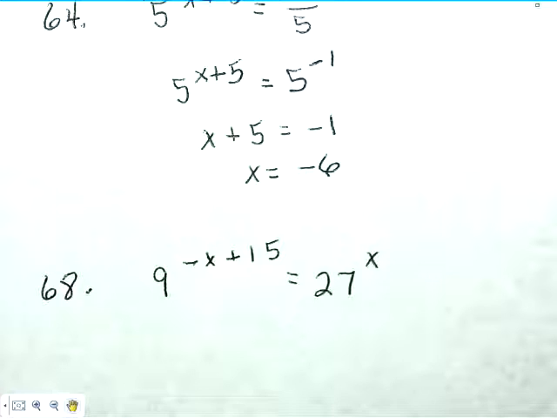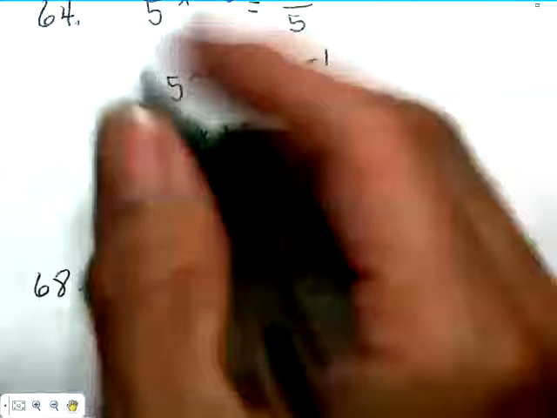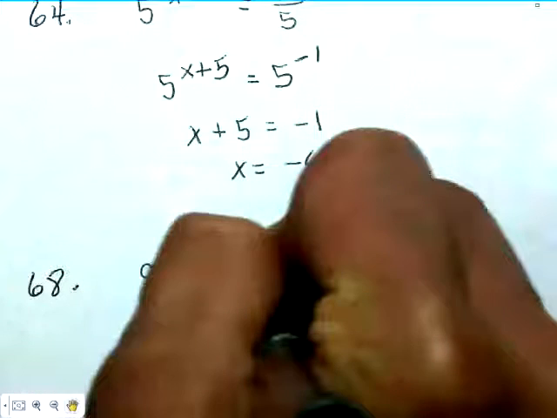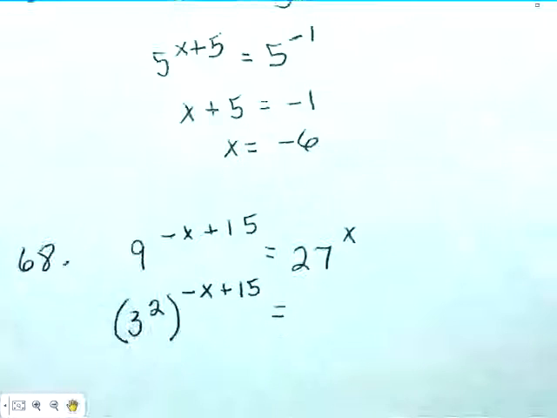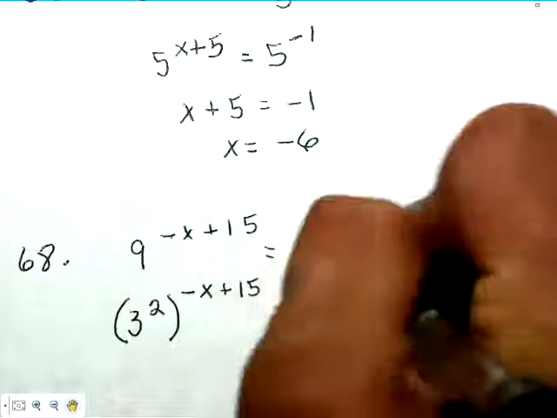All right, 27 is not a power of 9. 9 squared gives you 81. 9 cubed gives you 729. So they're not both base 9. They're both base 3. How could I write the 9 as base 3? 3 squared. Let me put that in parentheses, and I'll tell you why in just a second. What about the 27? How can I write it as base 3? Yep. I'm going to put that in parentheses as well.